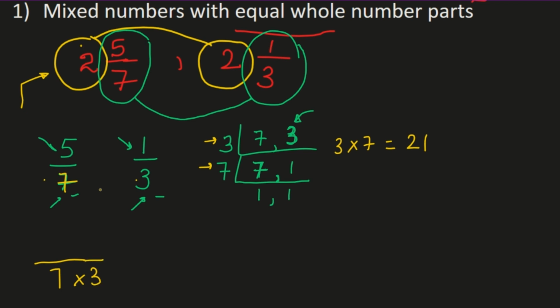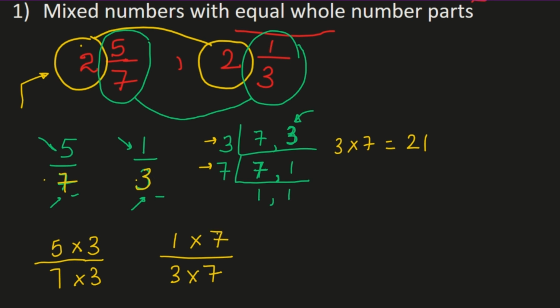If you multiply the denominator by 3, then definitely you should multiply the numerator by 3 as well. What do we do in order to convert this 3 into 21? You have to multiply the denominator by 7. If you multiply the denominator by 7, then definitely you need to multiply the numerator by 7 as well.